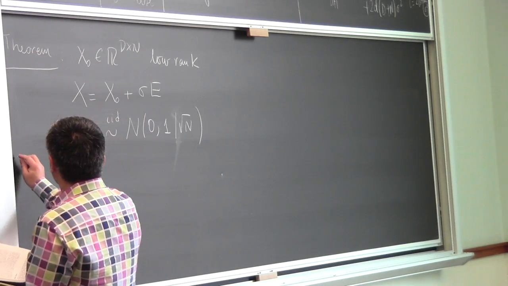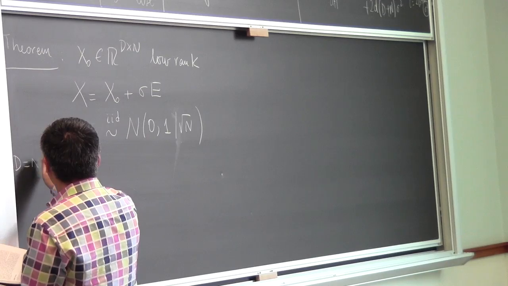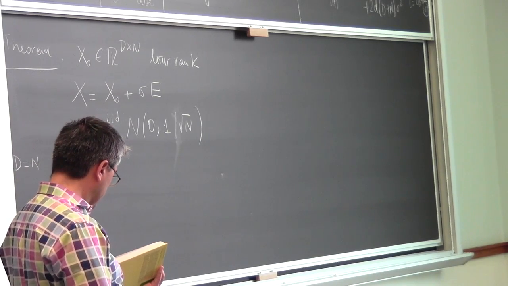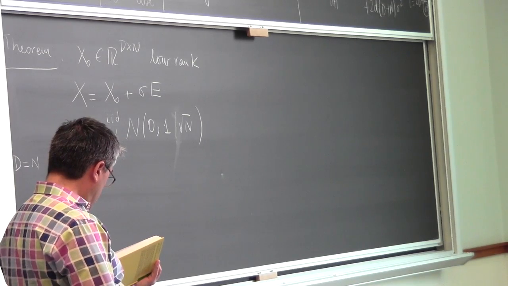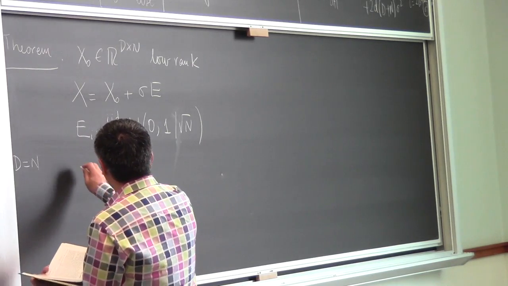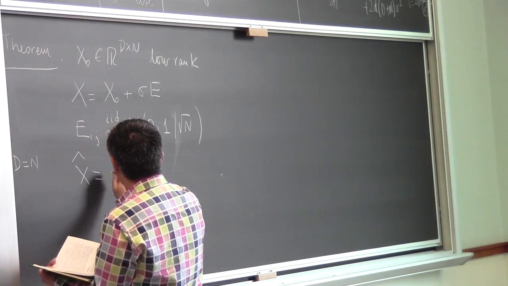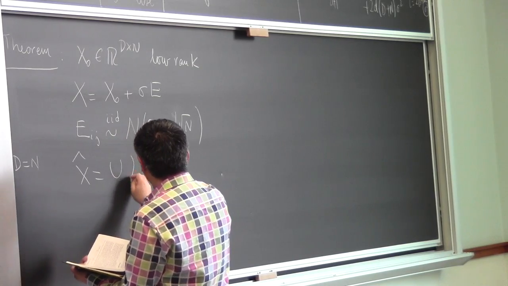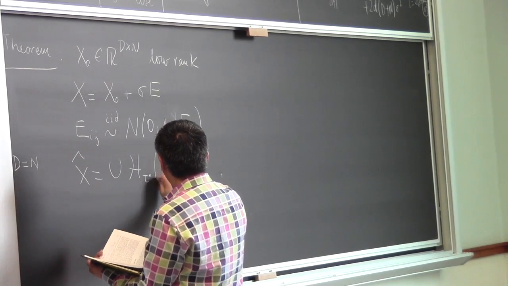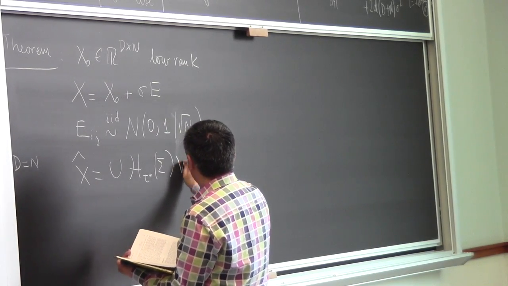This version of the theorem for now would assume that B is equal to n, so the matrix is actually square. So let x hat be exactly the hard thresholding with parameter tau of sigma and B track.